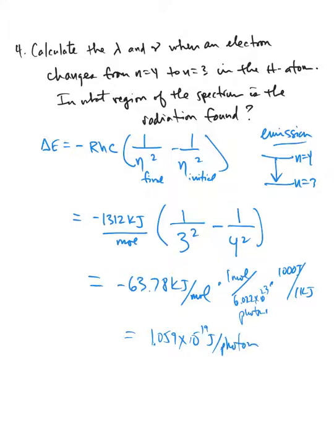Okay, so I could go a couple of different ways here. E equals hc over lambda. If I plug everything in, I end up getting 1.876 times 10 to the minus 6th meters, or 1876 nanometers. You might remember from my earlier discussion that's longer than visible light. That's going to be infrared.